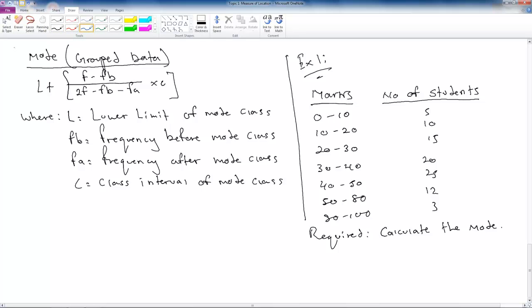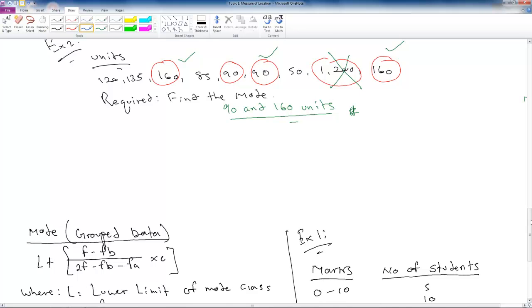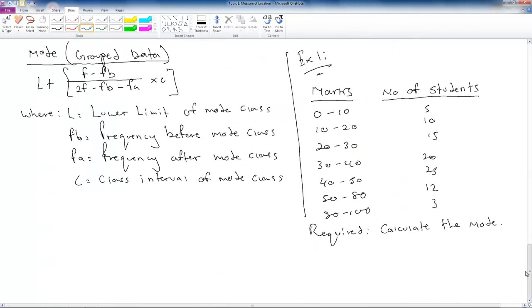Now over here we're still going to apply the same theory as the ungrouped data, which is the first theory, highest frequency. So what is our highest frequency?